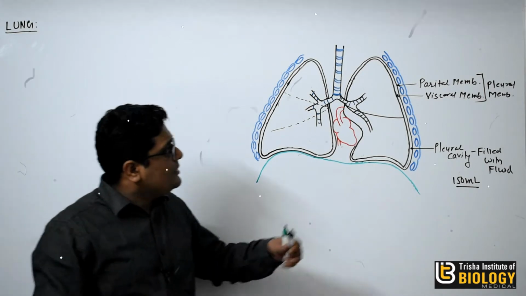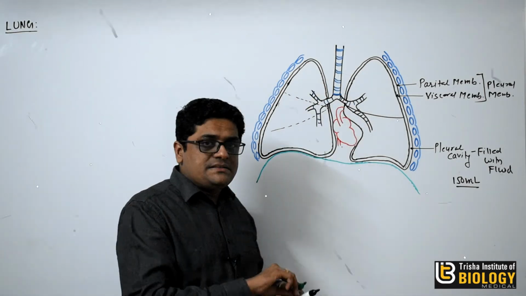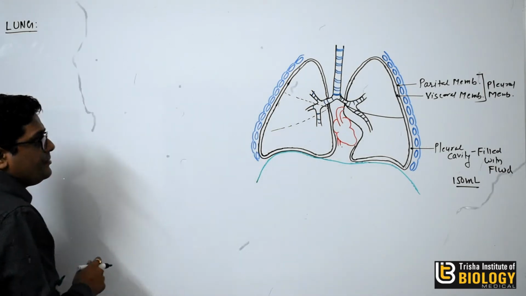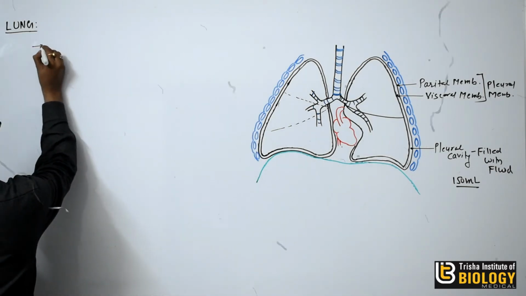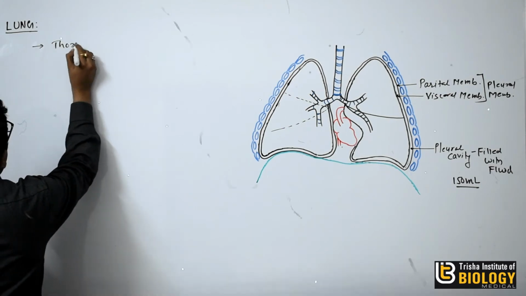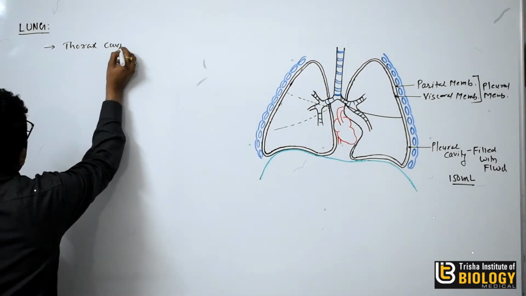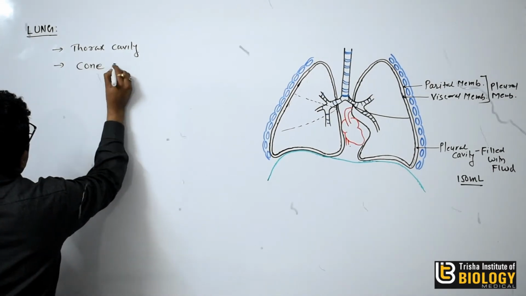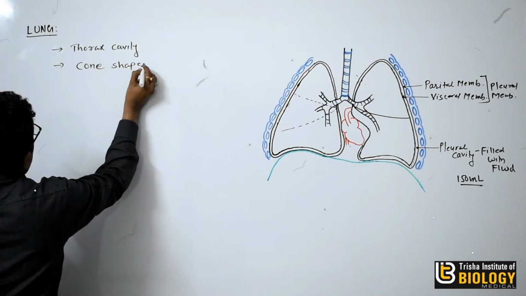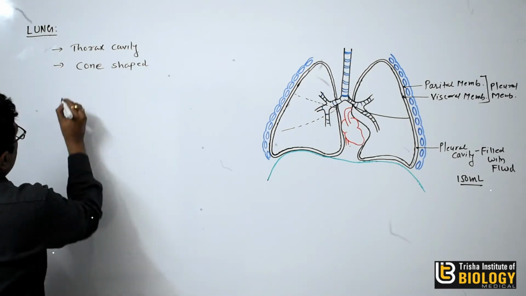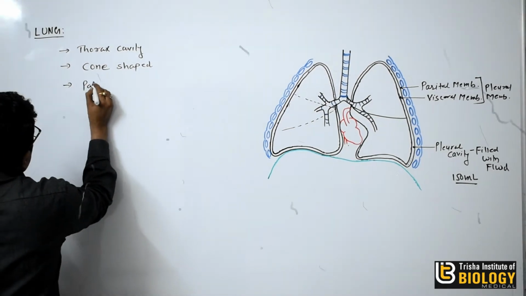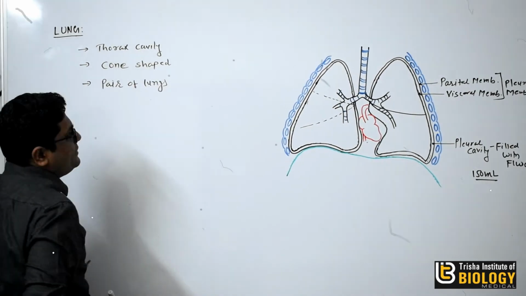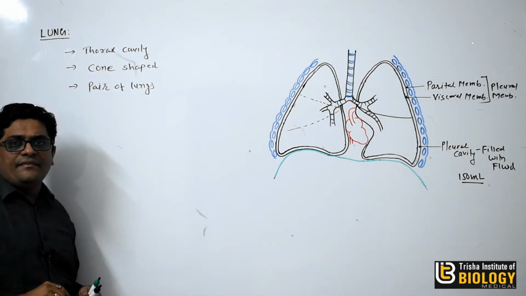So where is the lung present? The lungs are present in the thorax cavity. The shape of the lungs is cone shaped, and there is always a pair of lungs present in the thorax cavity.